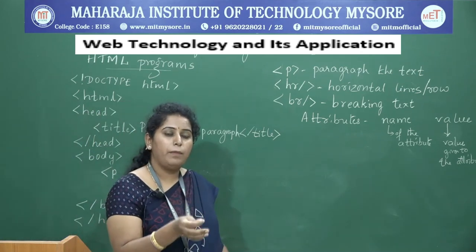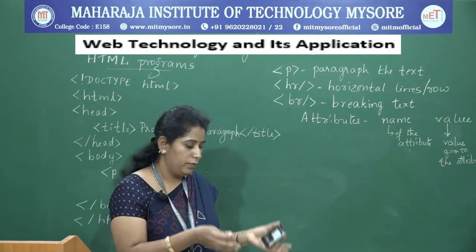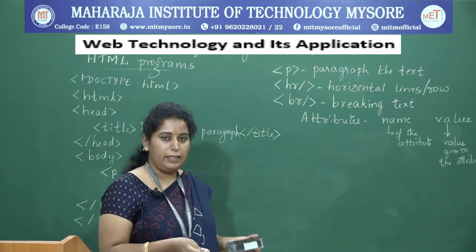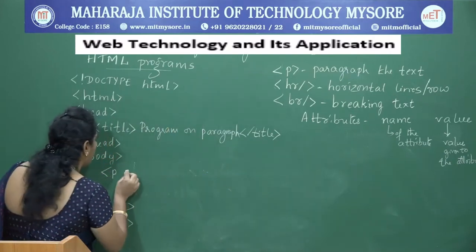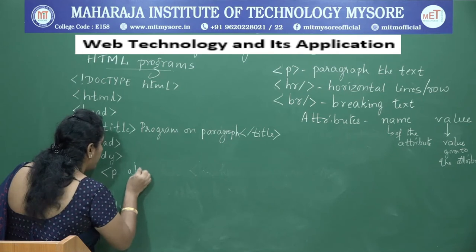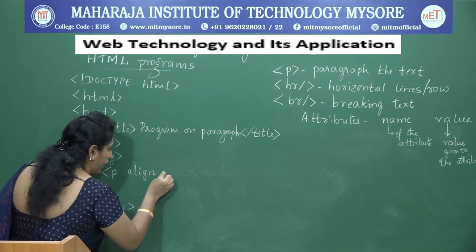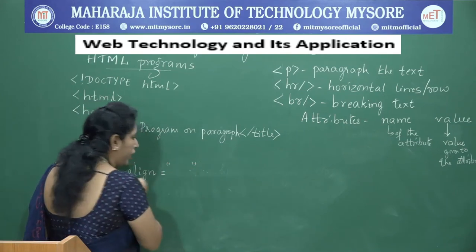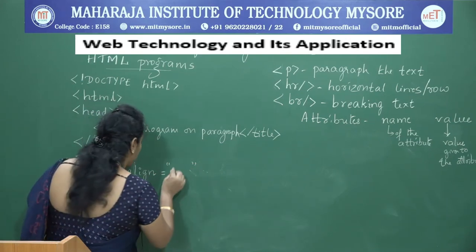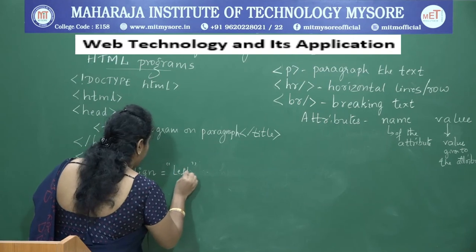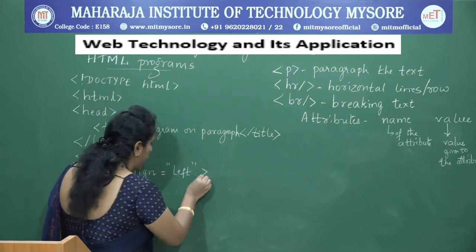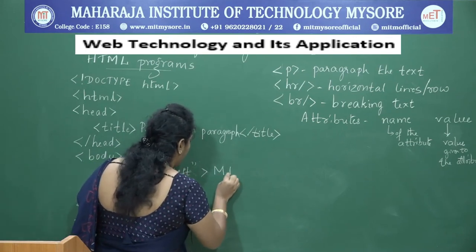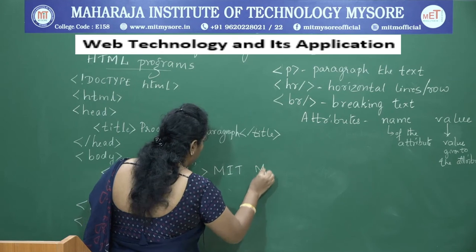A paragraph can be left aligned, right aligned, or centered. Is it right? So now the attribute name is align equals, and the value, I said value should be in double quotes, is left. Then close the opening tag and print the message MIT Mysore.